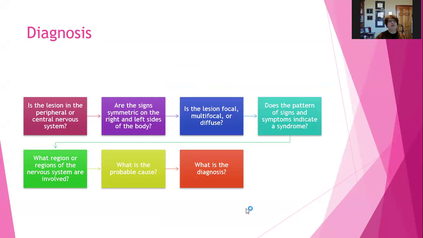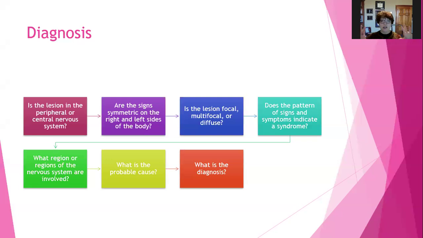So, in the course of diagnosis, these questions have to be asked. Is the lesion in the peripheral or the central nervous system? It's going to affect treatment. Are the signs symmetric on right and left sides of the body? Is the lesion focal, multifocal, or diffuse? Does the pattern of signs and symptoms indicate a syndrome?